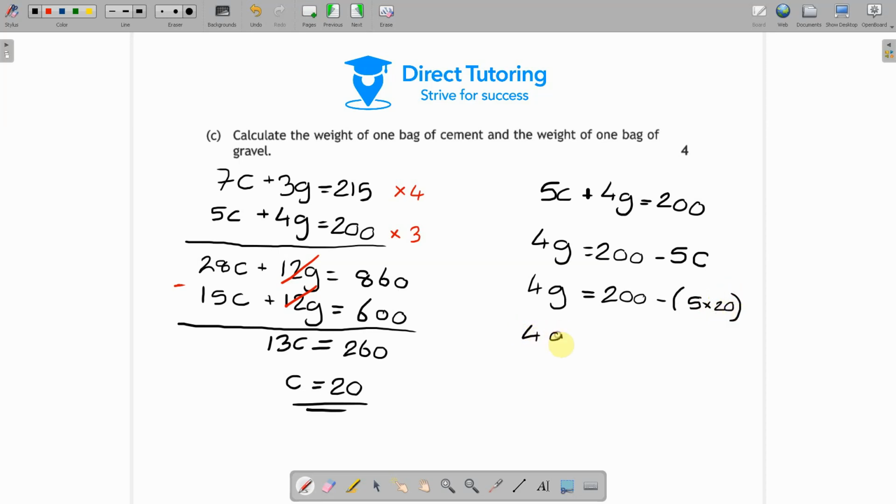So 4G will equal 200 minus 100, which is 100. Divide them both by 4. G equals 25. And these are kilograms. Don't forget your units, these are in kilograms. And that is how you solve that problem there.